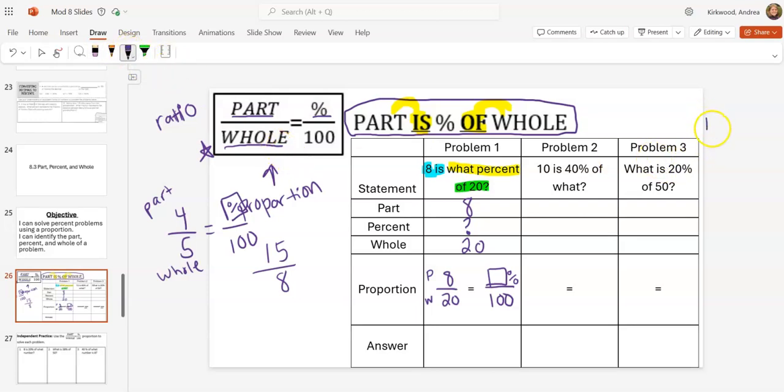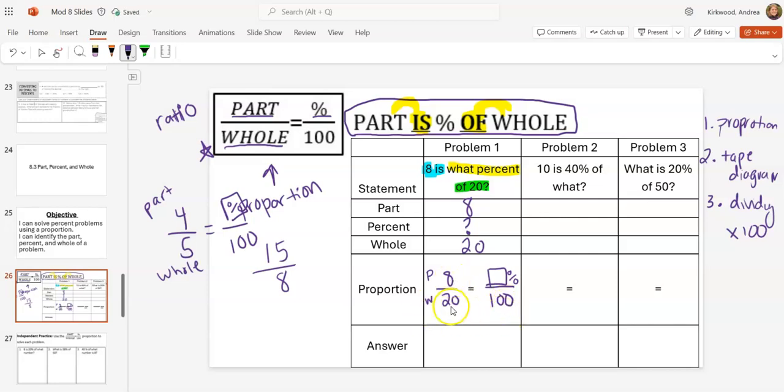So remember, we learned how to find the answer using a proportion, which is what we're doing now. We learned how to find our percent using a tape diagram. And we learned how to find our percent by dividing and then multiplying by 100.